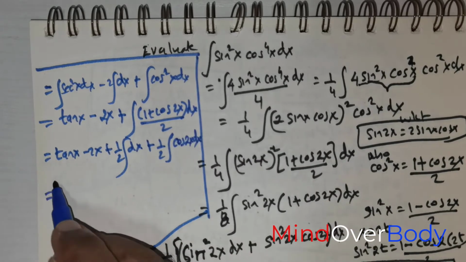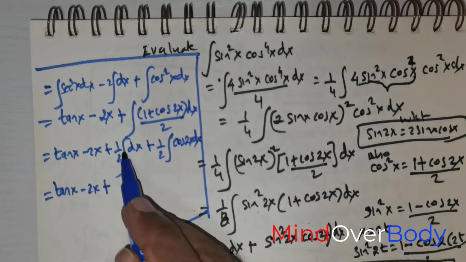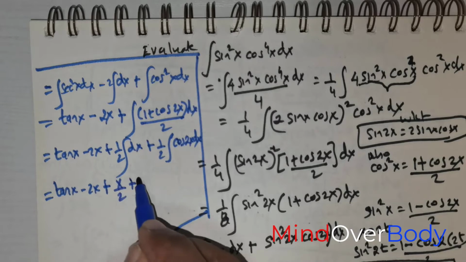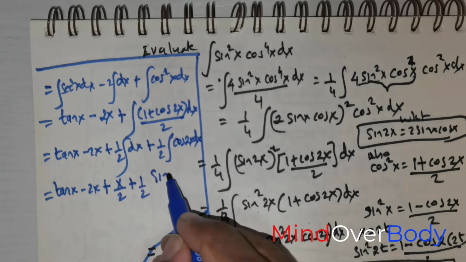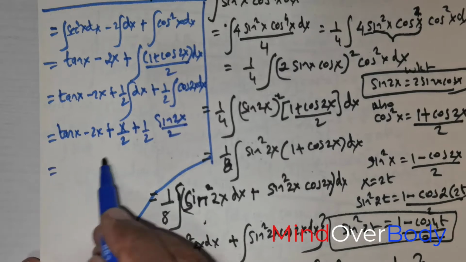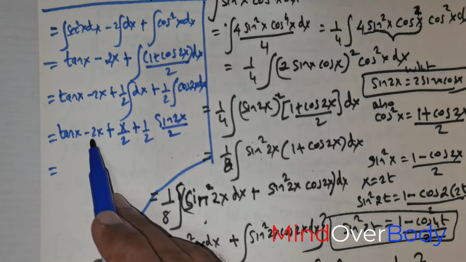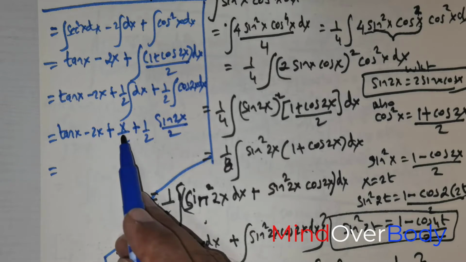So this is equal to tan x negative 2x, I integrate this, I would get x over 2, I integrate this, I would get sine 2x divided by 2. So this can be rewritten by simplification. This is negative 2x and you got x over 2.